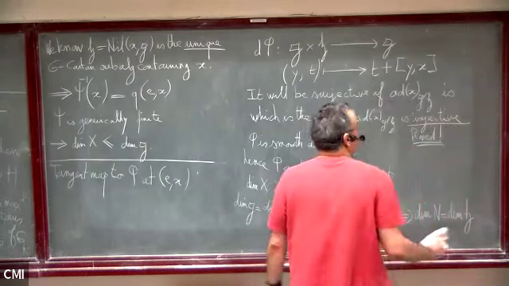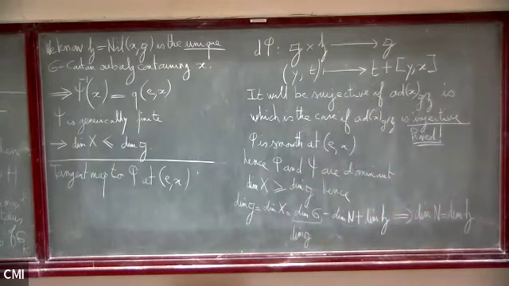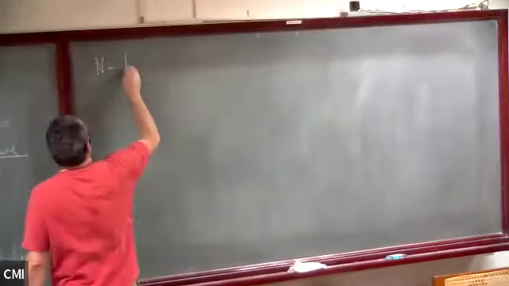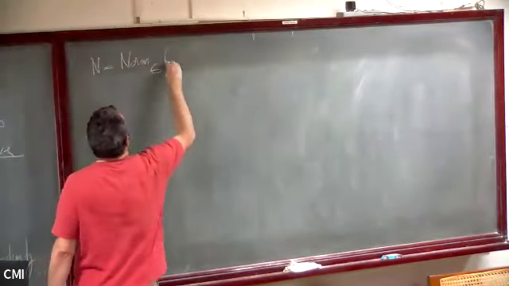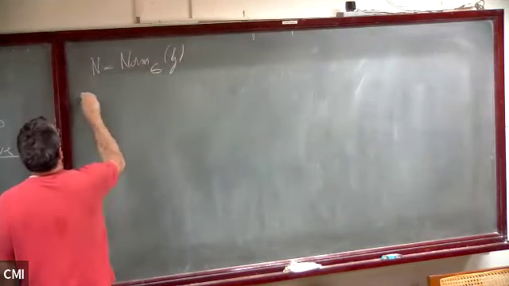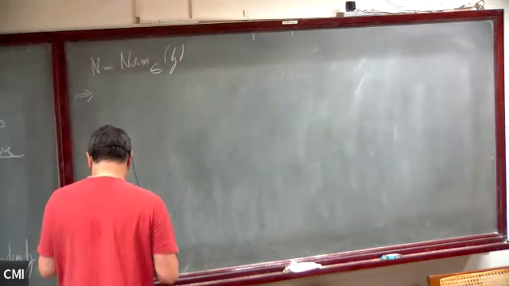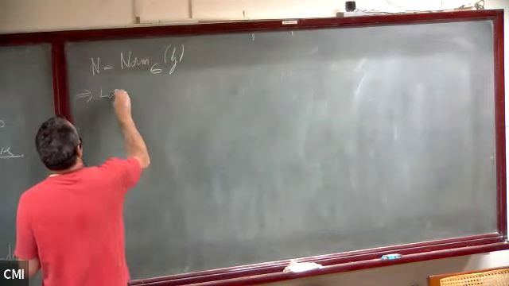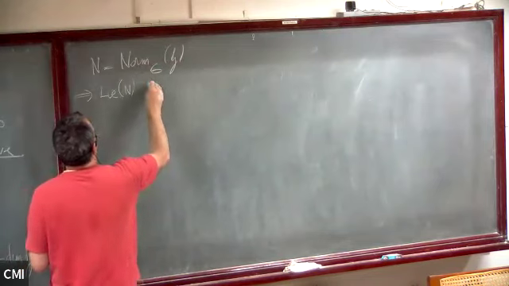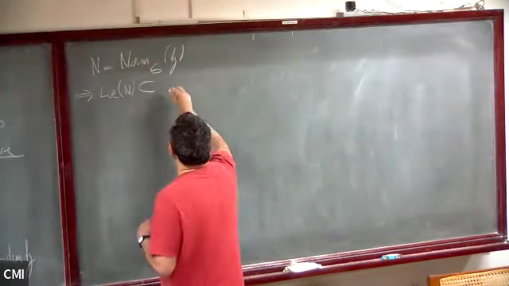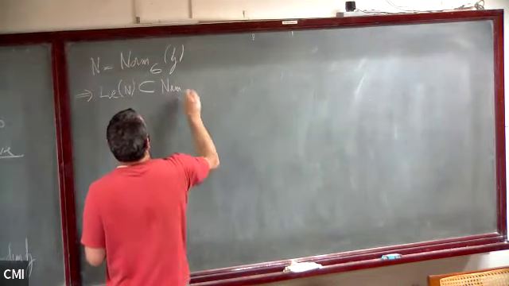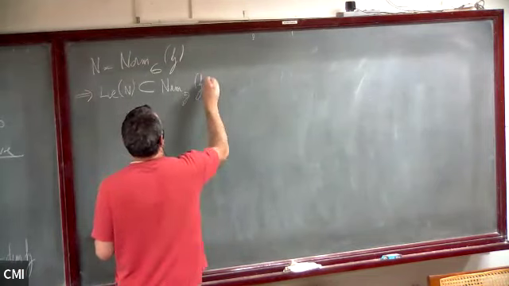Okay, and now we are nearly finished, because N was defined as the normalizer in G of H. And so this tells us that the Lie algebra of N is contained in the normalizer in g of h.